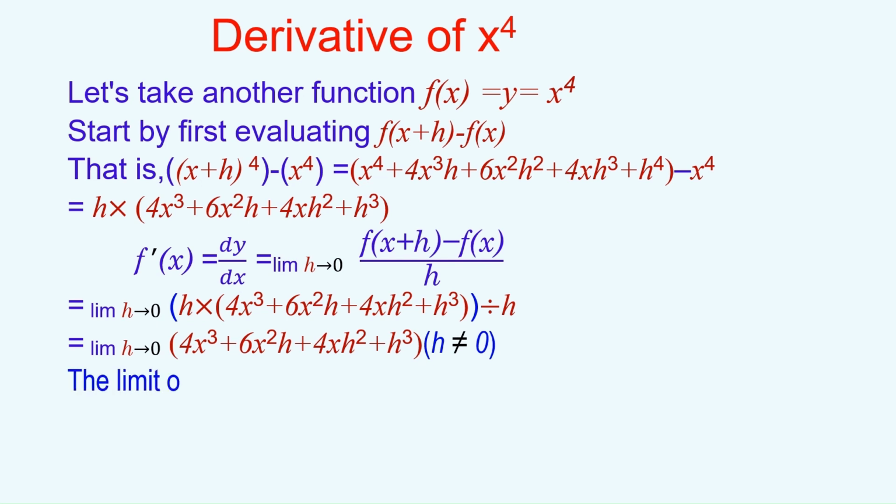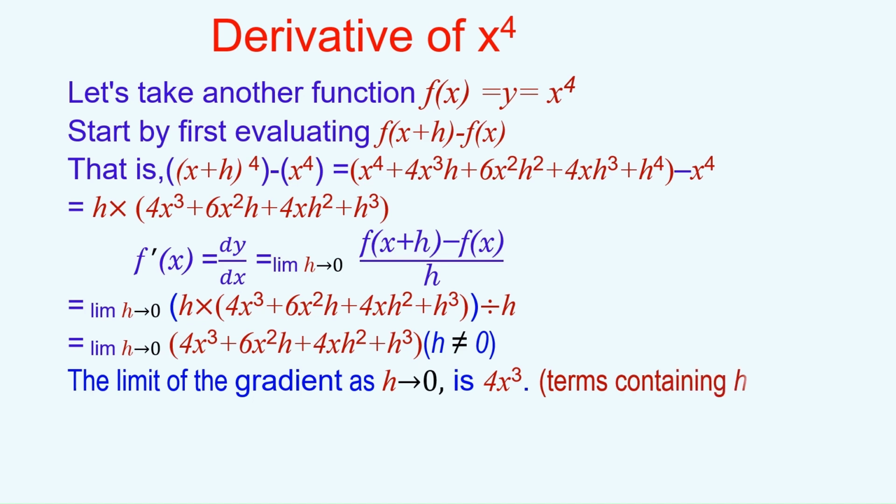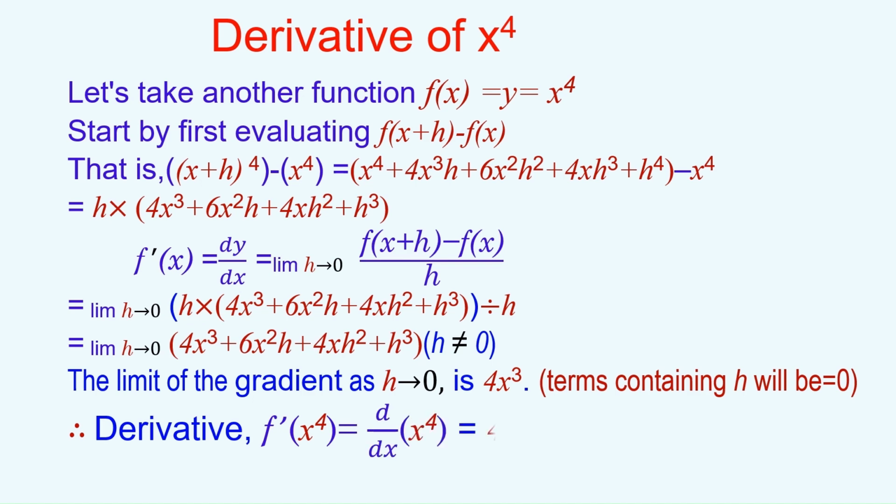Note h is not equal to 0. The limit of the gradient as h tends to 0 is 4x cubed. Terms containing h will be equal to 0. Therefore derivative f'(x) of x to the power of 4 equals d/dx of x to the power of 4 equals 4x cubed.